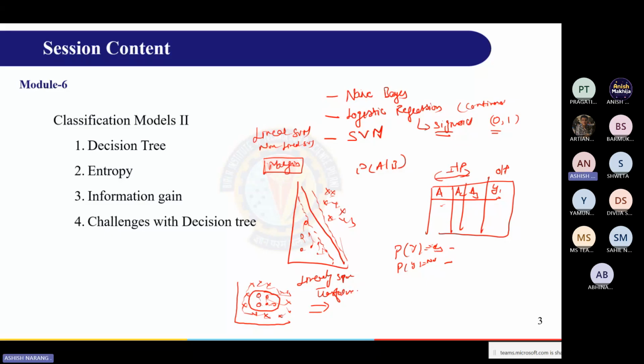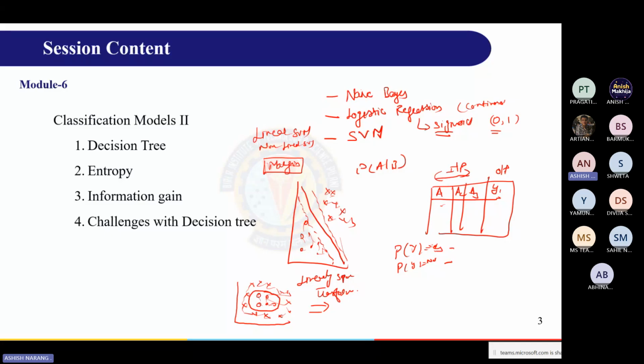We try to transform the data so that I can fit a linear boundary separating the two classes. This transformation you might have covered in your geometry, right? Maybe in some smaller examples. I'm not saying very complex examples like we cover in SVM, right?